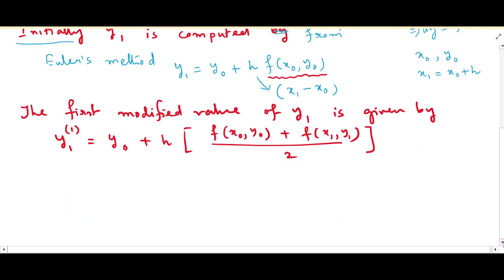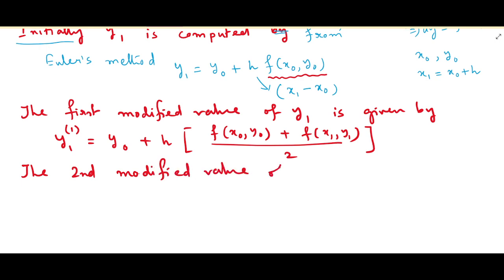The second modified value of y1 to the power 1 is, now how will we denote the second modified value? Y1 to the power 2. Again, this is just a symbol. So what will be the first term?